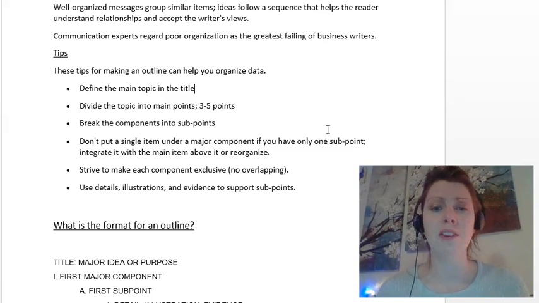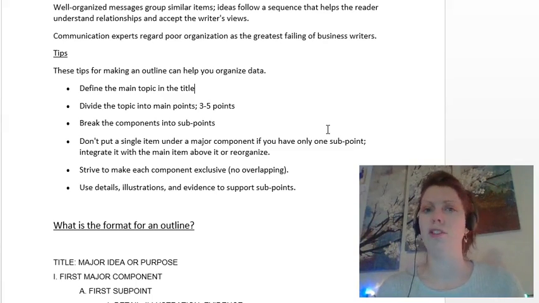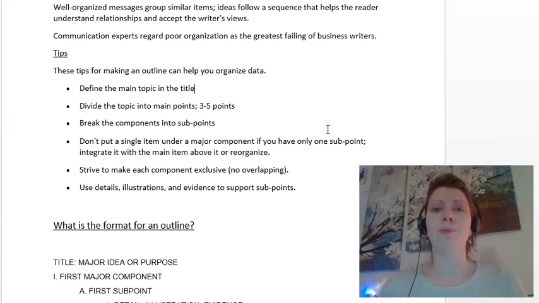Use details, illustrations, and evidence to support your subpoints. Again, just like going back to writing essays when you were in school, you need to have evidence to support these subpoints.